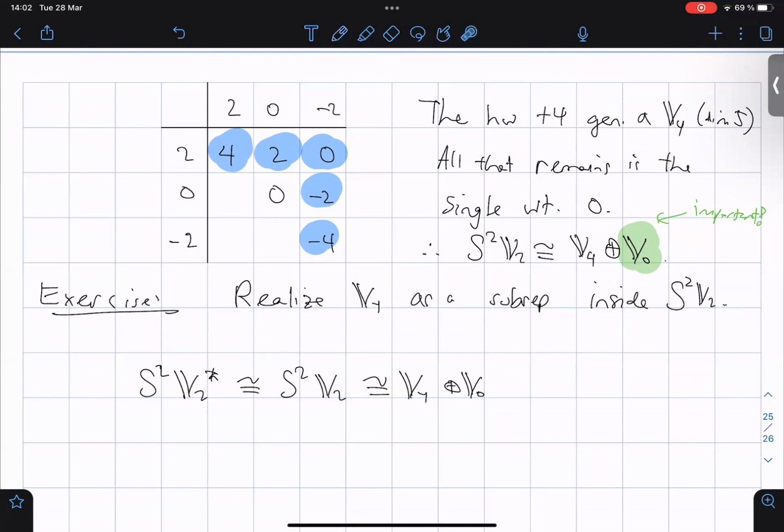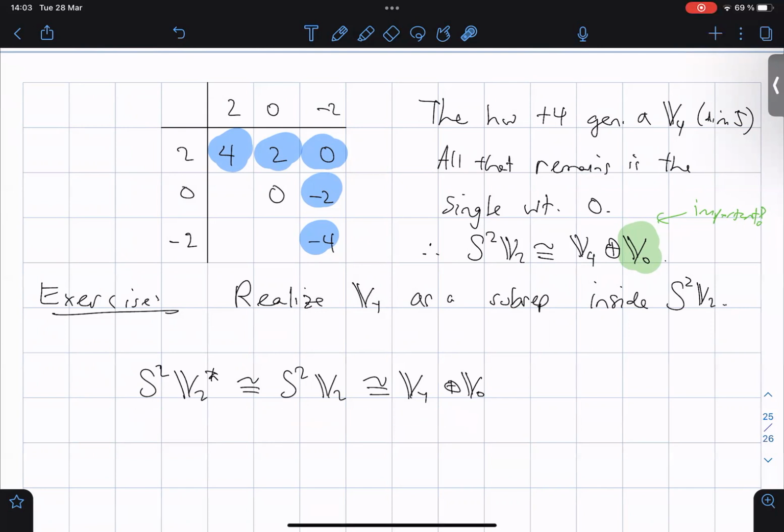Technically, what we showed before is that V1 star is isomorphic to V1. The standard representation and its dual are equivalent. But basically, we're going to induce that intertwiner to all of the higher VMs. So V2 star is isomorphic to V2, and VM star is isomorphic to VM.